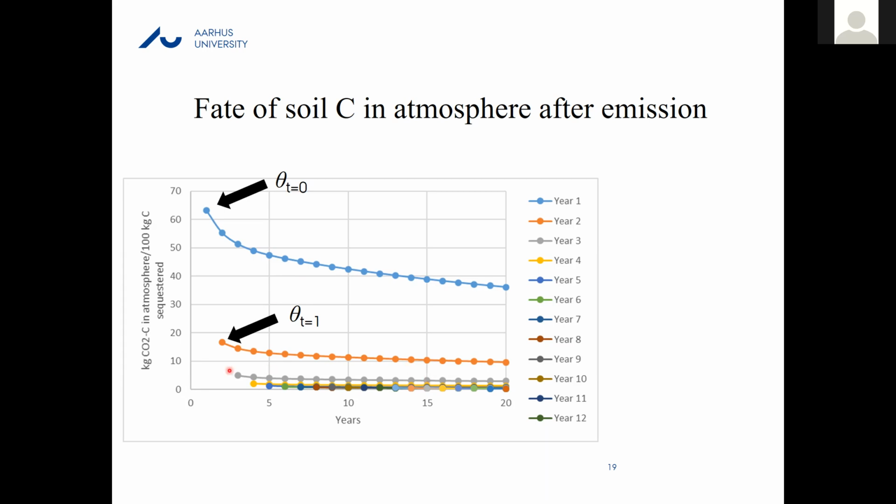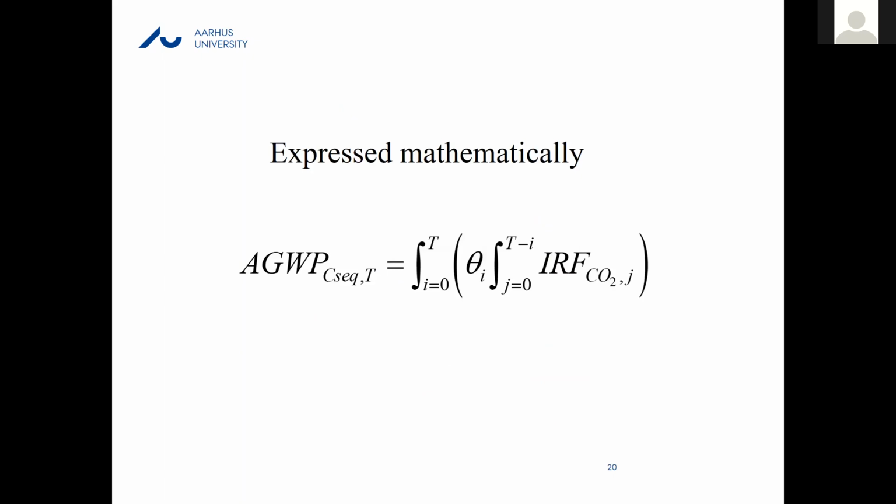This is then repeated for every year until the end of the time horizon. The absolute global warming potential of the sequestered carbon is the sum of all these curves for all the years until the end of the time horizon. This is expressed mathematically here.